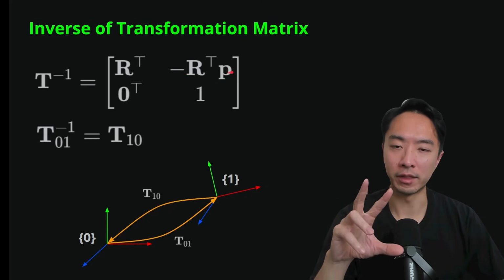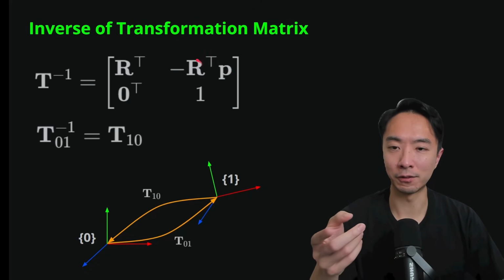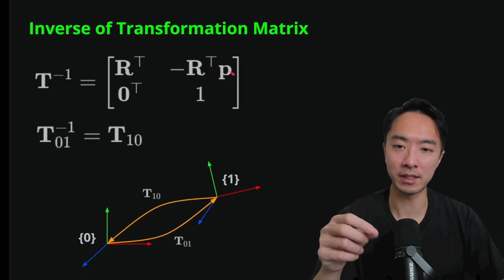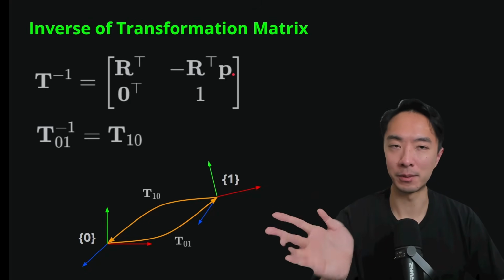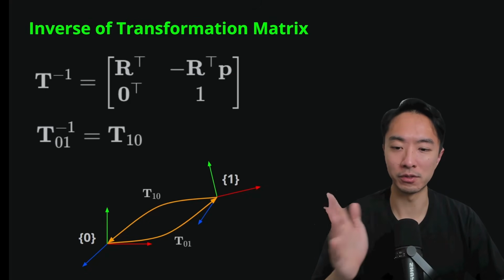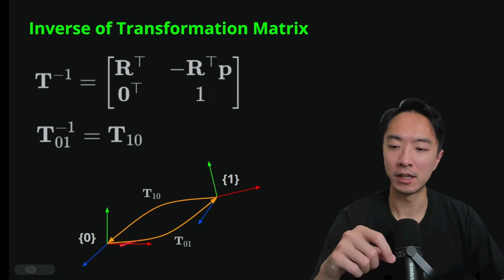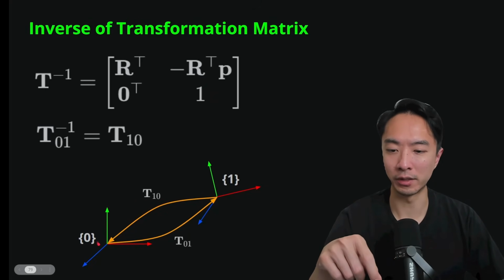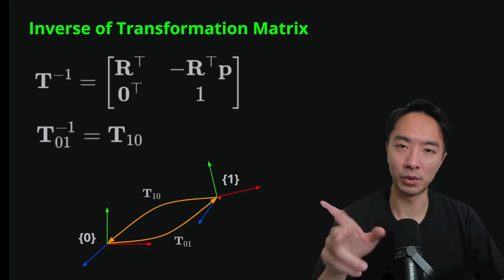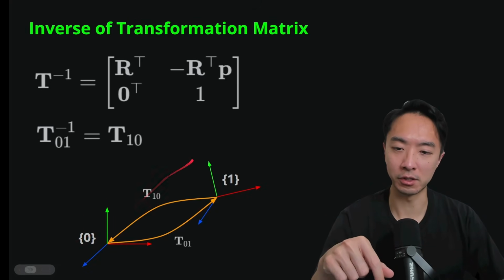And then with the vector, you would have the negative rotation transpose times the original vector p. So this will bring us back from frame 0 to frame 1 or 1 to 0 if you use the inverse. So here's a visual that shows you could go back and forth. T01 goes from frame 0 to frame 1. T10 goes from frame 1 to 0.